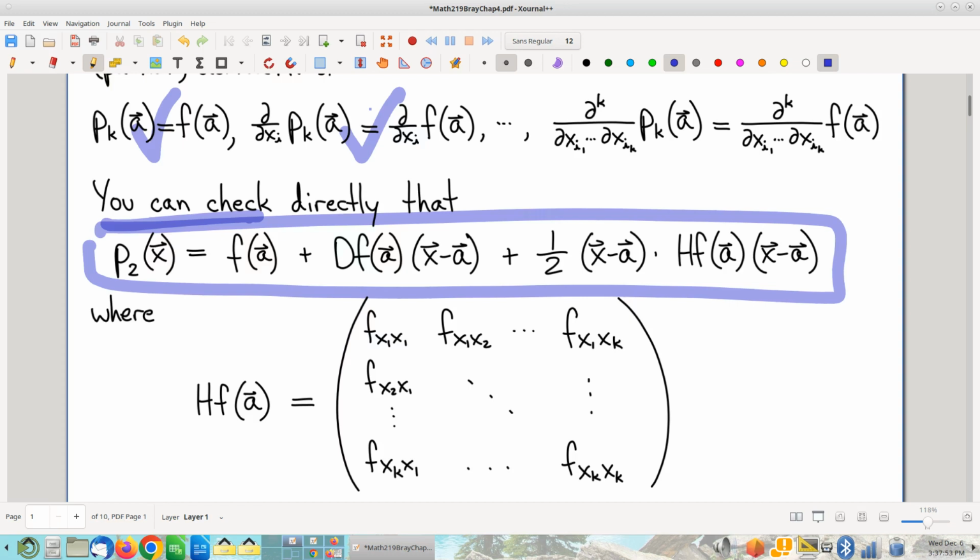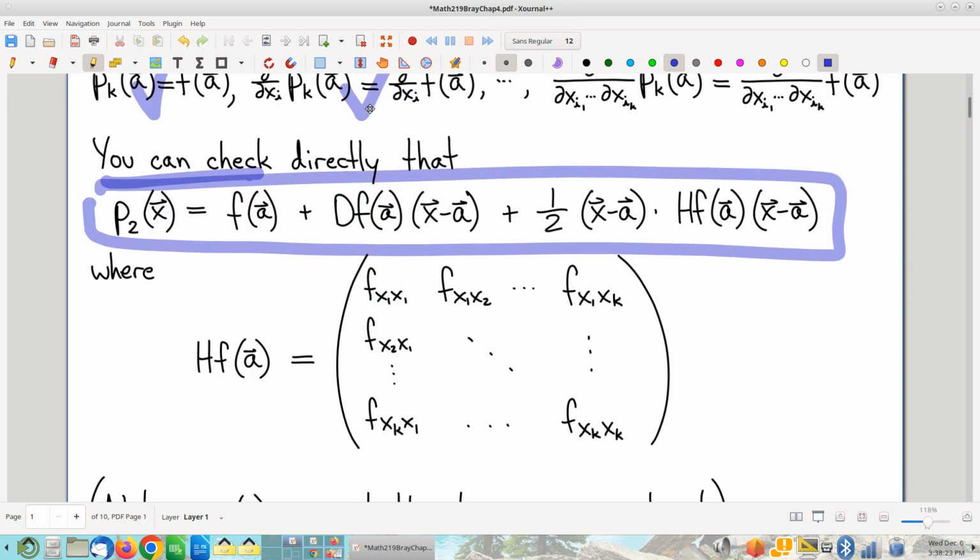You don't need to do this in general for different variables. I think it would be fine to do it for just, let's say, 3 variables, so that the numbers don't get out of hand. I mean, these matrices can get big otherwise. But I think you'll notice the pattern. If you confirm for yourself that this formula works for functions of 3 variables, you'll see the pattern. I think you'll be pretty comfortably persuaded it'll work for any value.